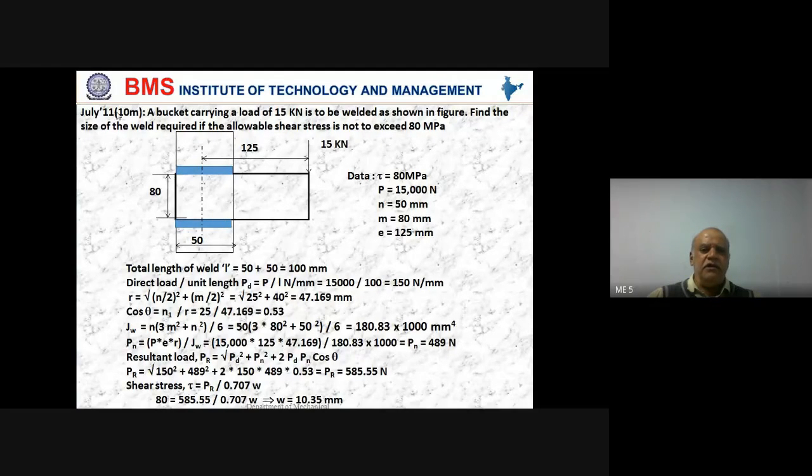Otherwise, the diametric center itself is going to be your CG. So N1 is equal to Ny is equal to 50 by 2, that is N by 2. And the width of the plate is 80 mm, so M is equal to 80, and therefore M by 2 is 40.